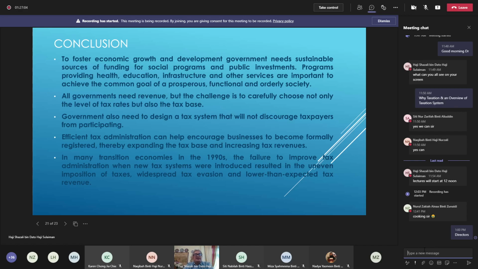If you do not have a sustainable level of income, you're unable to live your normal lifestyle. So it's the same for government. You need sustainable sources of funding for social programs and public investments. Programs providing health, education, infrastructure, and other services are important to achieve the common goal of a prosperous, functional, and orderly society.